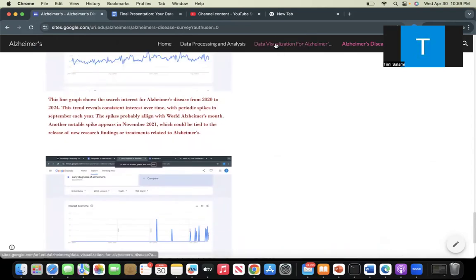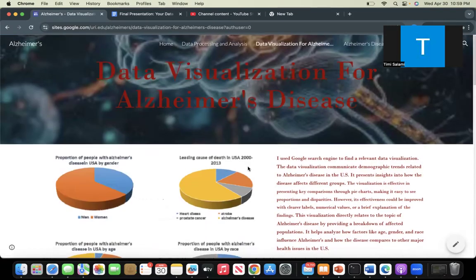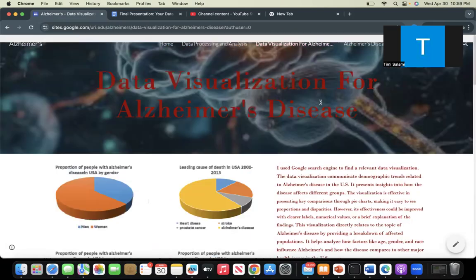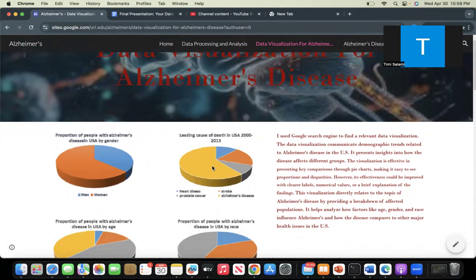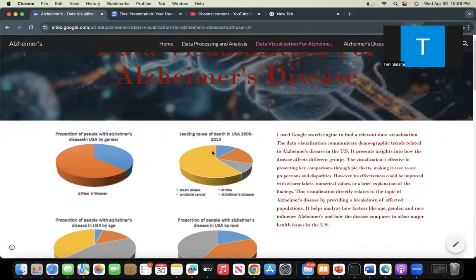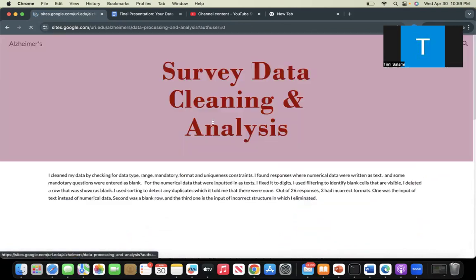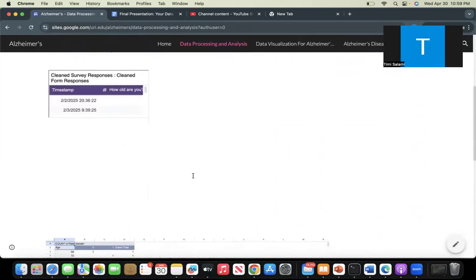Okay, so let me go back to the third page, which is data visualization for Alzheimer's disease. Oh, actually, I think I jumped ahead. I forgot to talk about how I cleaned my Google survey.